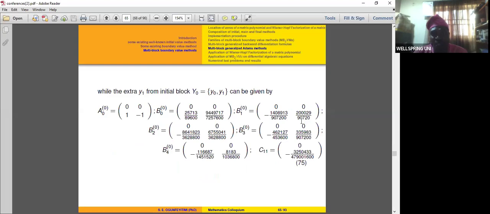Why the extra one from the Y0? As I explained earlier, the capital Y0 contains Y0 and Y1, but the Y0 inside those braces is given by the problem of interest, and we still require to find Y1, which is given in equation 75.